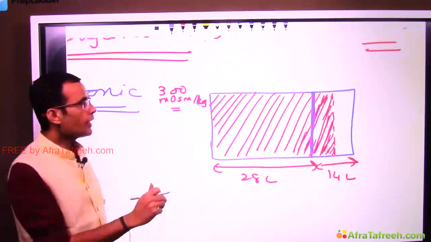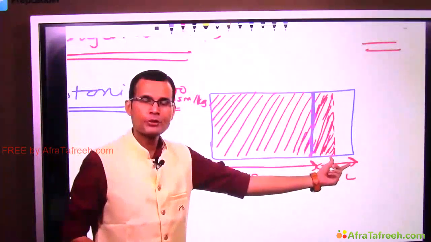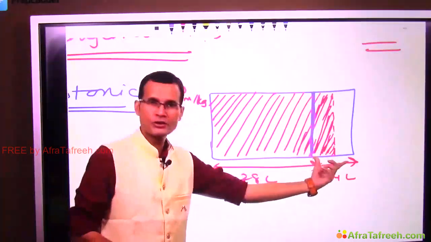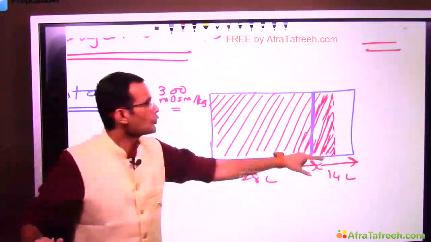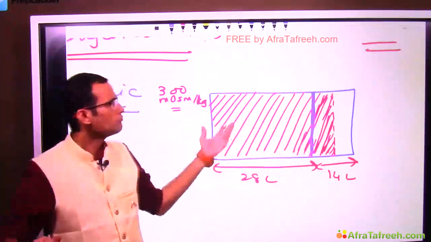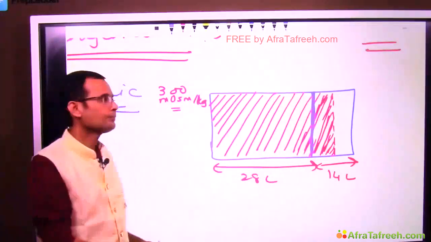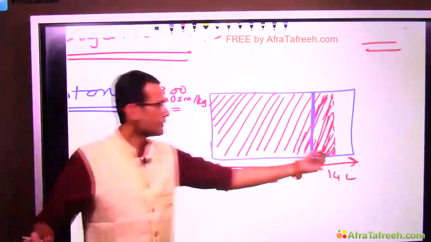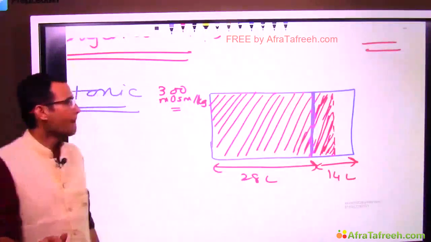The diagram tells you that the volume has been lost from the ECF. So ECF volume has shrunk. You can see here on the horizontal axis. But there was no change in the tonicity of the ECF. And therefore, no shift of water from ICF to ECF or ECF to ICF. This is isotonic dehydration. Just simply dehydration, but it remained isotonic.